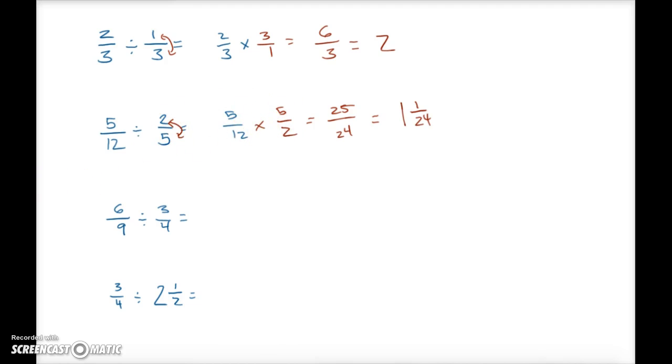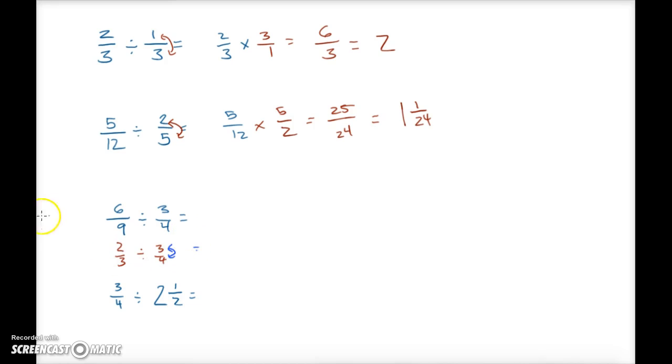Let's try this next one. Make this a little bit easier on myself. I'm going to go ahead and simplify before I even do my division. So 6 ninths, I can simplify that into 2/3, by dividing both sides by 3. 2/3 divided by 3/4. Now, what I'm going to do, find the reciprocal again. Let's do the reciprocal.